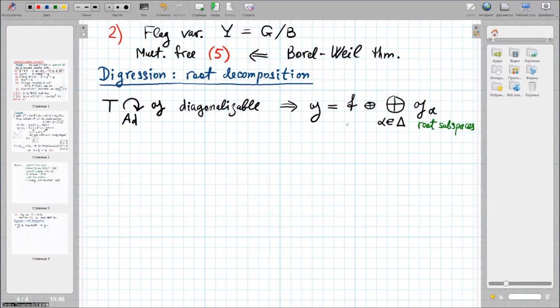So this set of weights called roots is a finite set. This Delta is a finite set of non-zero characters of T, and this set is called the root system.